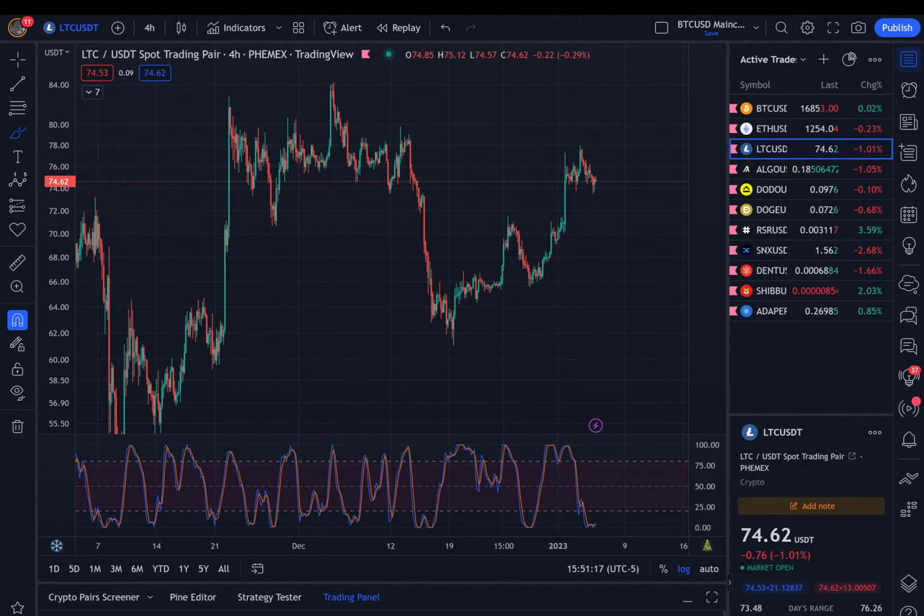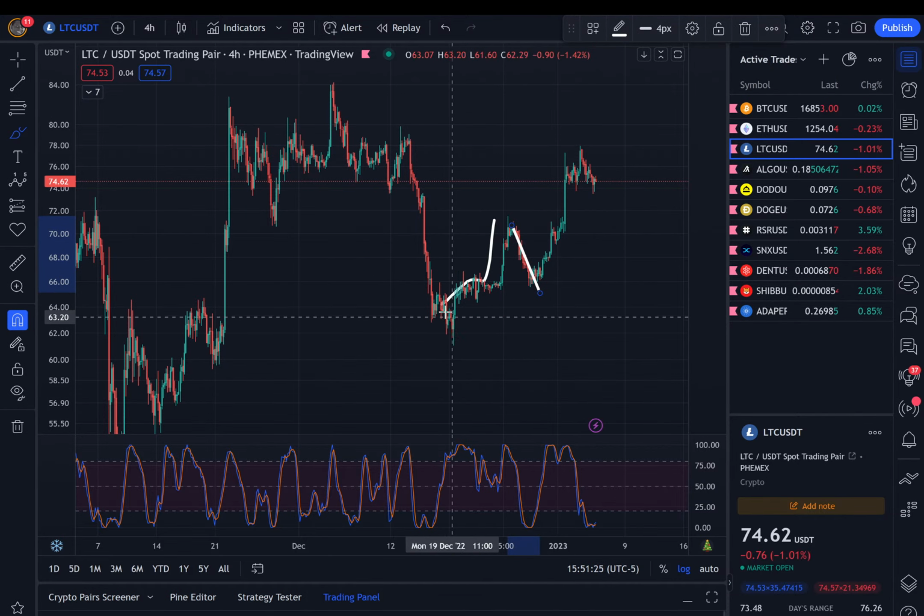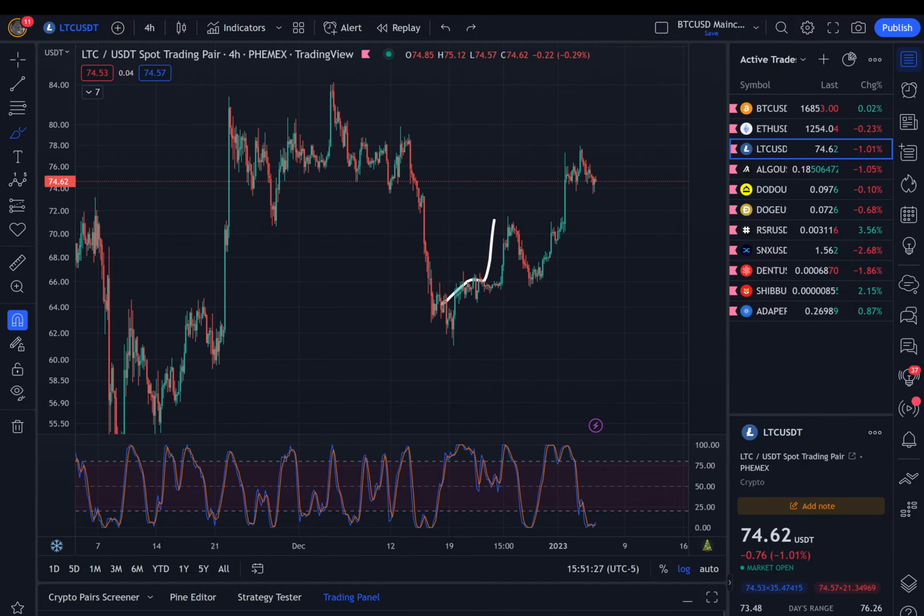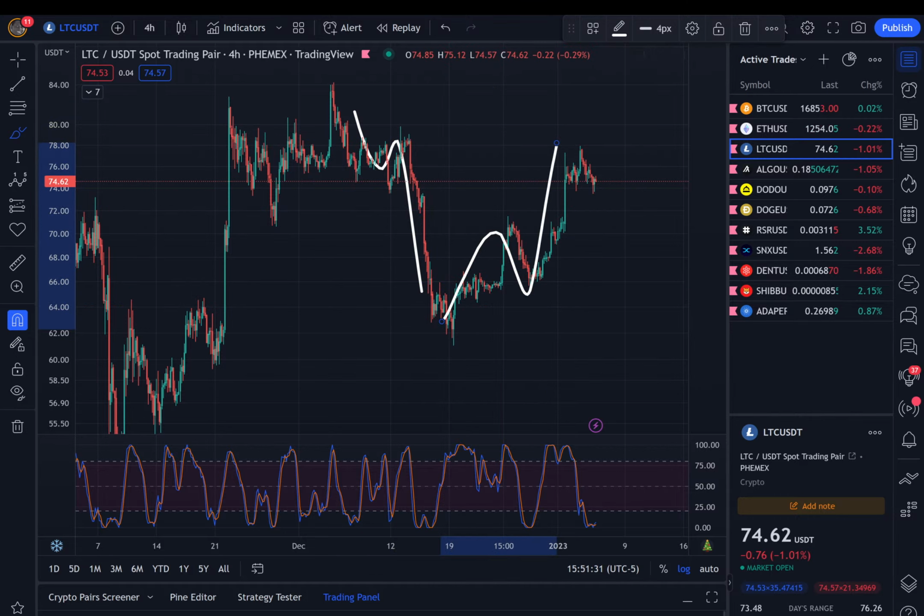Litecoin, same thing. Actually, I told you yesterday that given how Litecoin presented itself here, I would not be surprised if this were a three-wave structure, right? So this was some sort of three-wave structure, and so you were preparing for a five-wave move, and that would complete a corrective move. But I no longer think that.